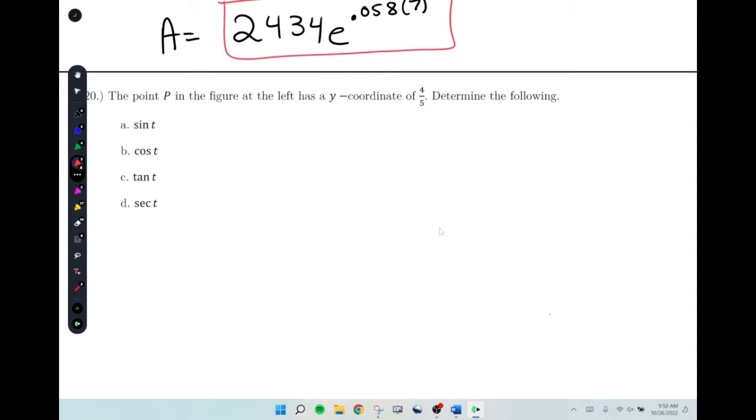Okay. So it has a y coordinate of 4 over 5. What? Is that worded badly? What should it say? No, because we don't know that either. Hang on.